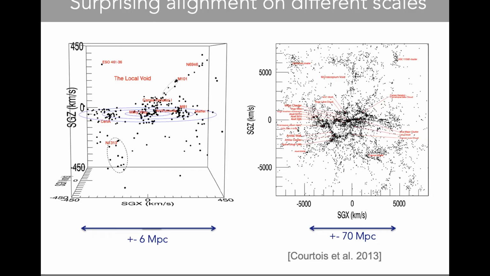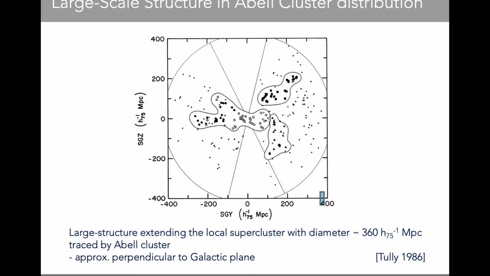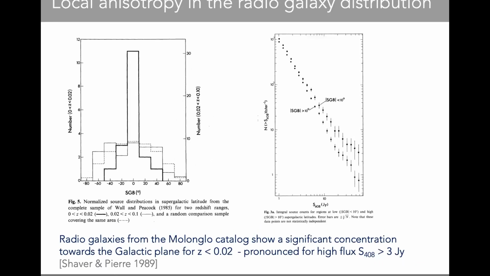They found such a structure very early in a similar way. This appears in one of the cosmic flow papers, an old publication from Tully finding something like that. And this is work by Peter Shaver and Marc Pierre.